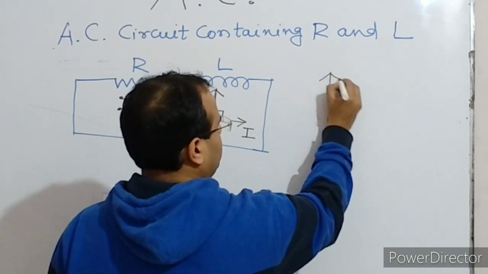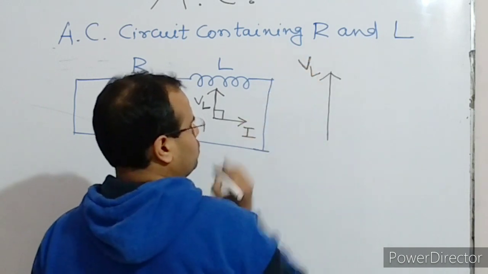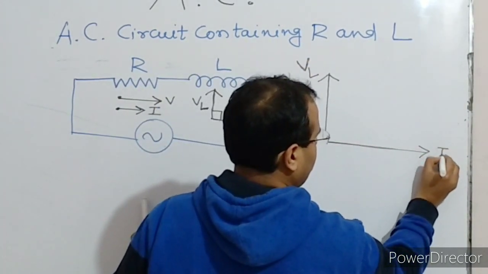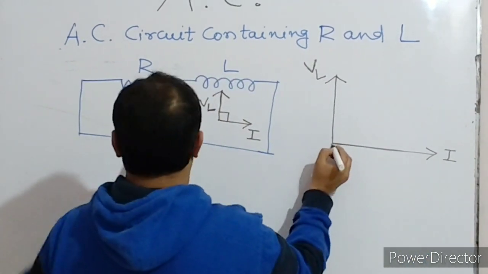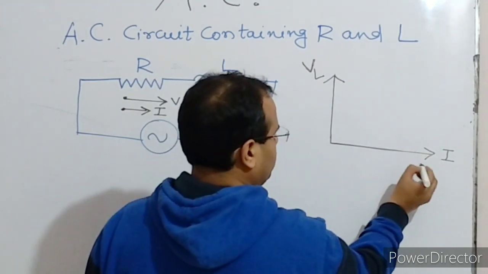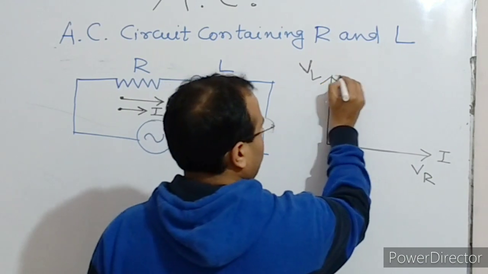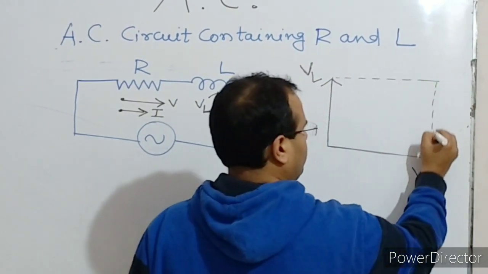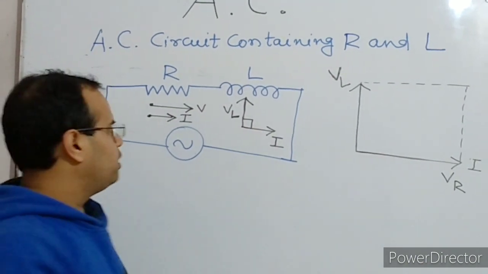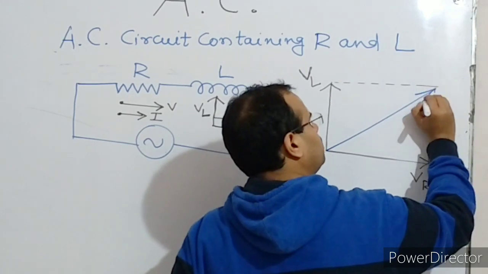Now if we draw the phasor diagram for this, we can draw it like this. Here we have VL, the voltage across the inductor. Then here we have the current I, and the voltage across the resistance is actually in this direction only, that is VR. If we complete this, this is how the parallelogram is completed, and here this is the resultant.